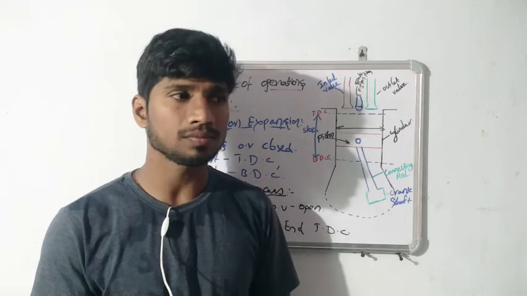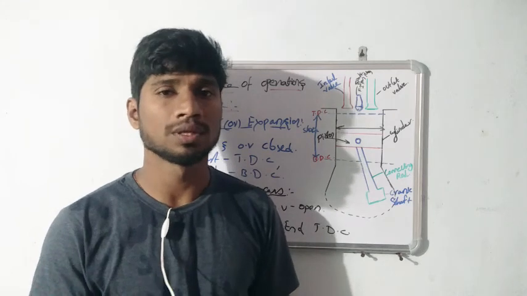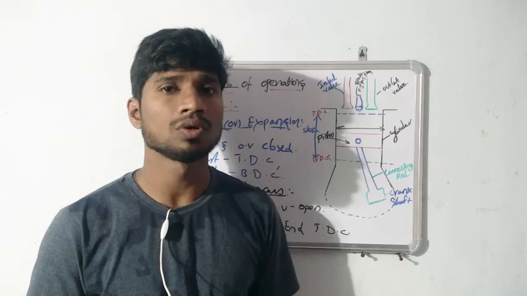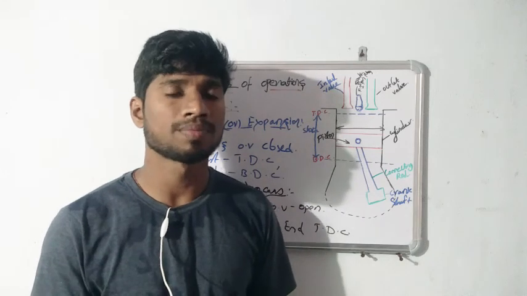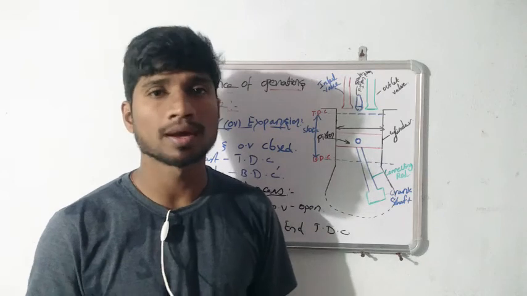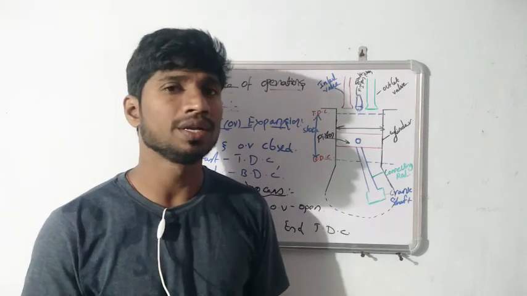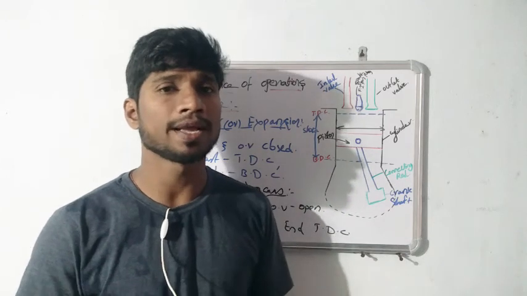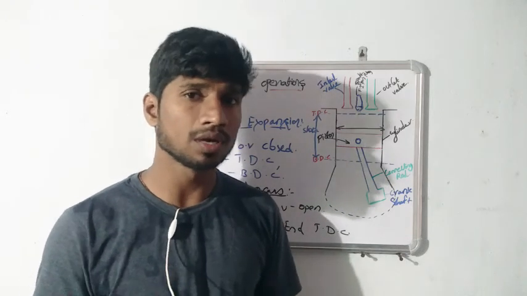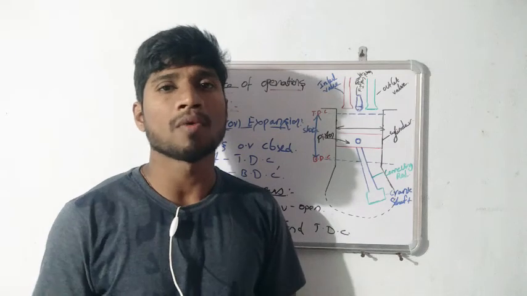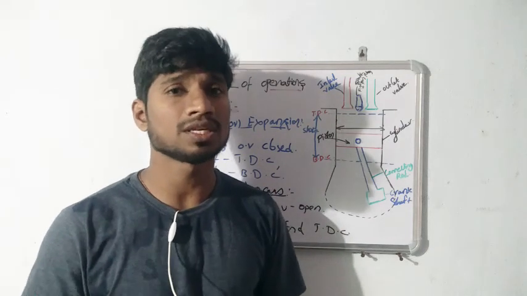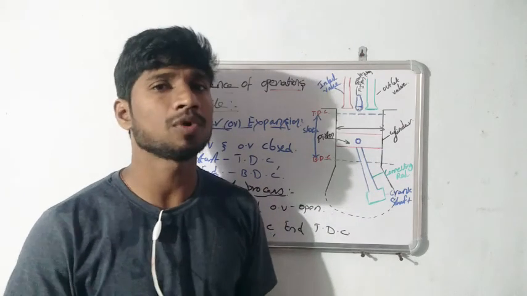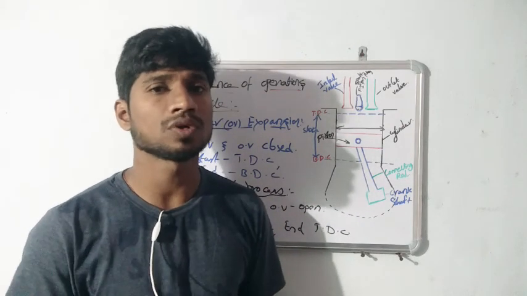That means the first two processes, suction and compression, are completed, and the next stroke, power and exhaust, are completed in a two-stroke engine. In case of a four-stroke engine, the four working processes will be developed like suction, then compression, power or expansion, and finally the exhaust process. So this is about two-stroke and four-stroke engines.